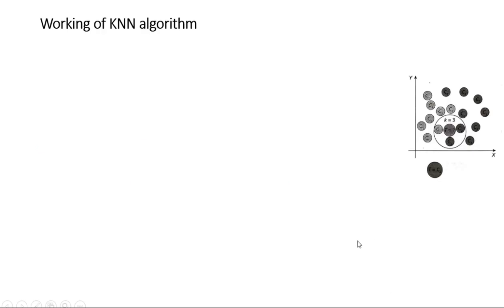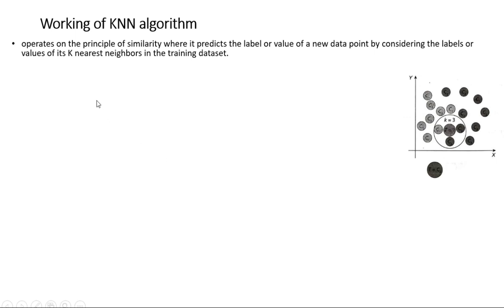Now let's see the algorithm behind KNN. Basically the principle of the KNN algorithm is to predict the label of a new data point, which let's call a test data point, by considering the values or the labels of its nearest neighbors. How many neighbors is given by the value K in the training data set.